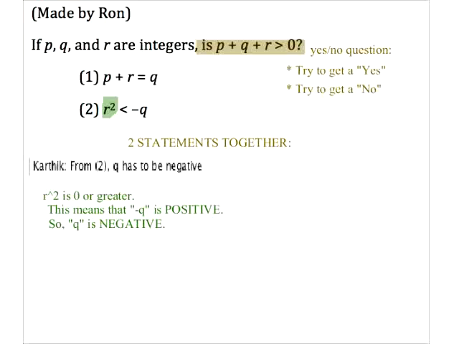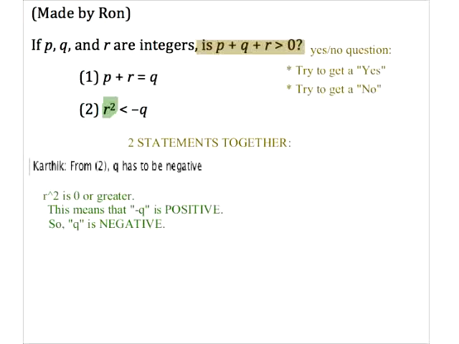You can get some conclusions about the relative magnitudes of Q and R from statement 2, but the most important thing about statement 2 is the fact that Q is a negative value. We don't know anything about the sign of R from statement 2 because positive and negative numbers get squared the same way. So the takeaway that we should get here is that many, many inequalities are disguised statements about signs.